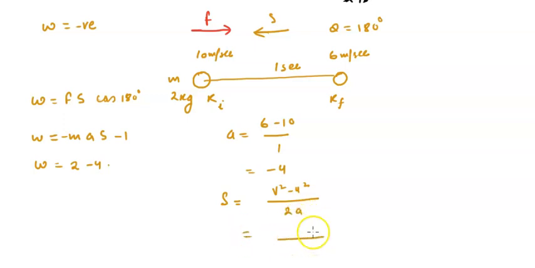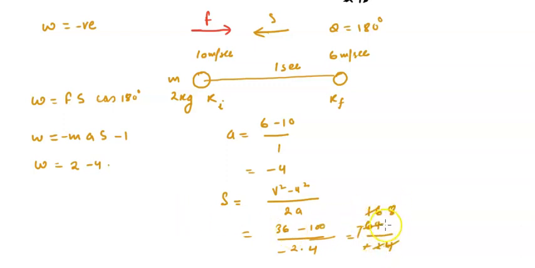So v square will be 36, and u square will be 100, upon 2a. a we know is minus 4. So the numerator is minus 64, upon 2 into minus 4, which is minus 8. The minus signs we can cut down, and the displacement will be 8.